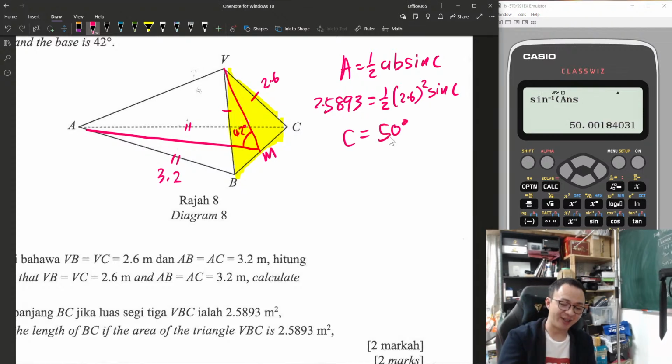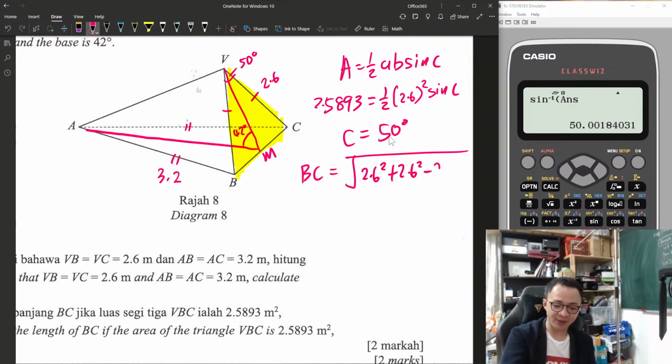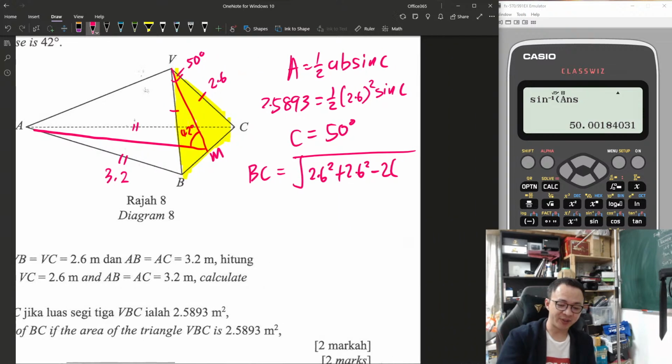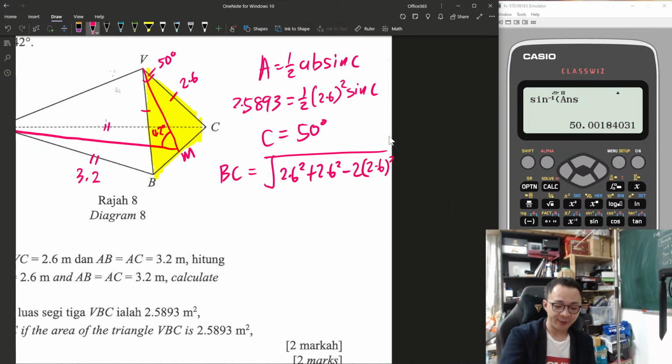Now I can find the length of BC by using the cosine rule. Because the angle above is 50 degrees, I can get the opposite length, which is BC: the square root of 2.6 squared plus 2.6 squared minus 2 times 2.6 squared times cos 50 degrees.